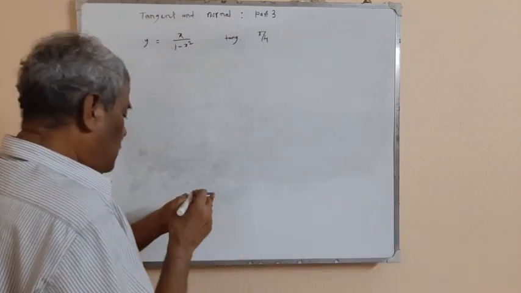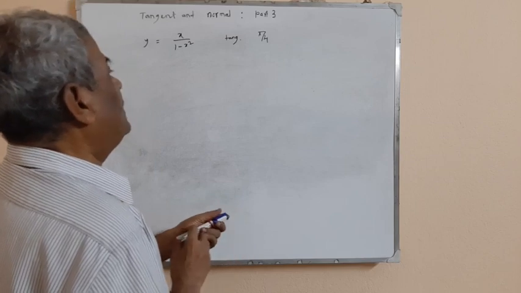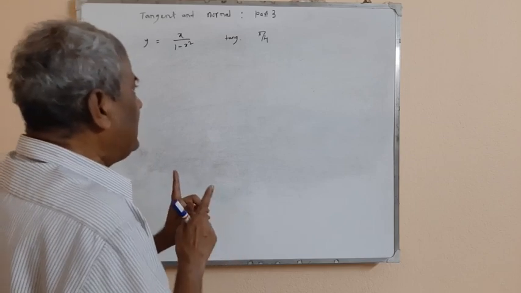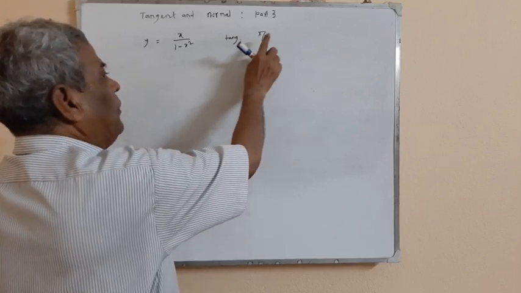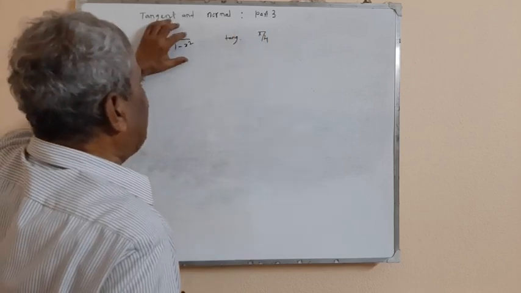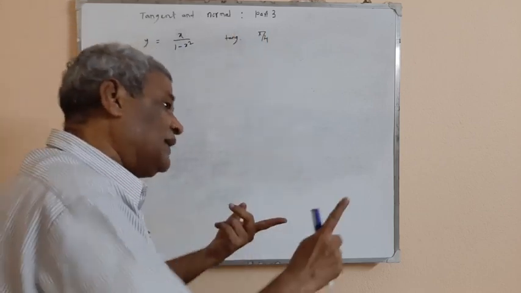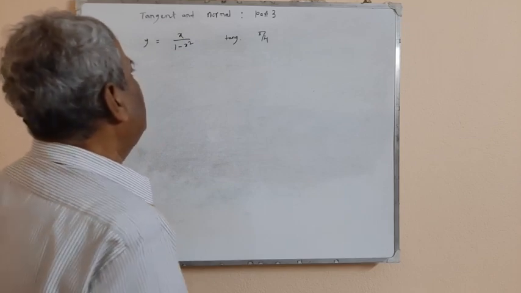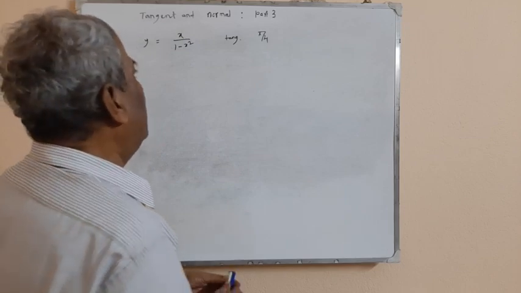First of all, we have to find the point where the tangent makes an angle pi by 4 with the x-axis. And at that point, we have to find the equation of normal.